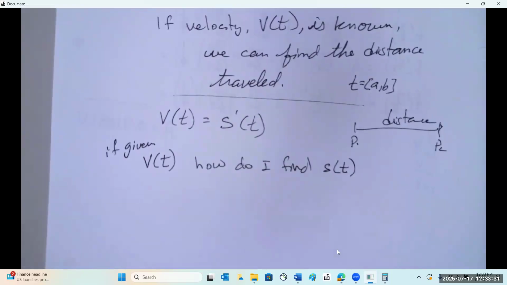How do you find that? By going backwards. We haven't talked about that yet. We haven't defined any formula for it. What is the antiderivative? Again, you can't read ahead. If you do, knock yourself out. But I need to show you where it's all coming from.